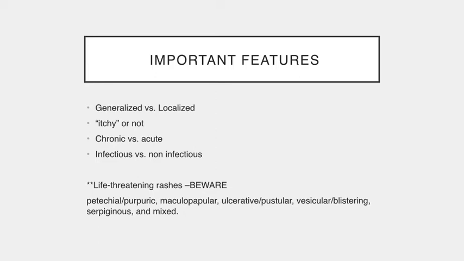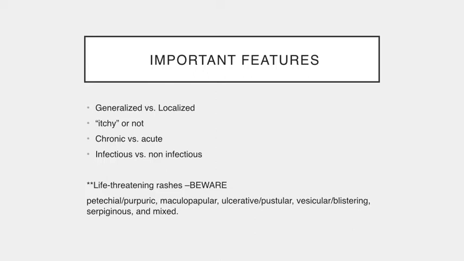As I said, you have to be aware of them. We don't see them a lot. Sometimes we don't see life-threatening infectious rashes here in the United States, but just to be aware that there are some and what they look like. And then I mentioned about your approach to looking at rashes.